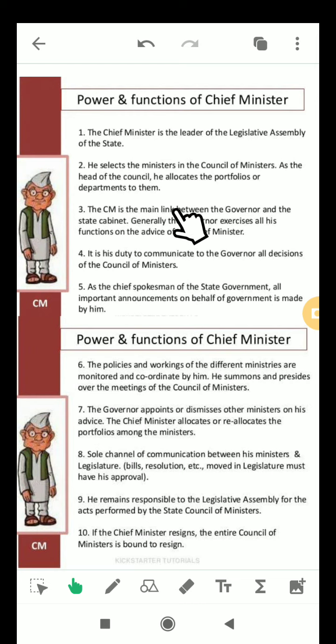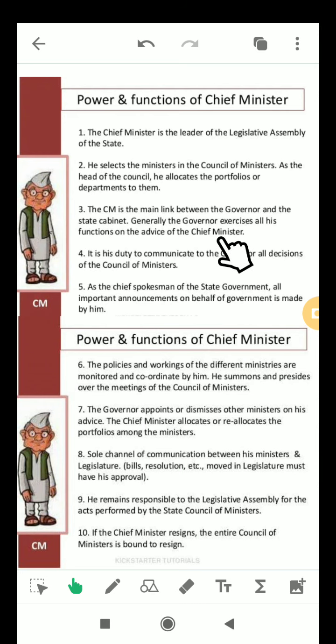That means the chief minister has the power to select other ministers, and these ministers hold office at the pleasure of the chief minister. The chief minister allocates portfolios to ministers, and can also transfer a minister from one ministry to another. The CM is the main link between the governor and the state cabinet.